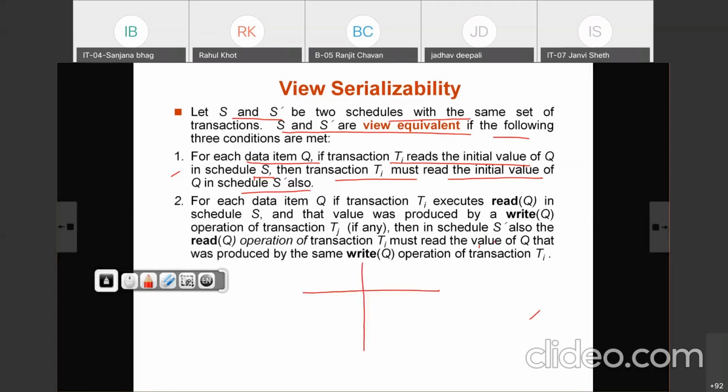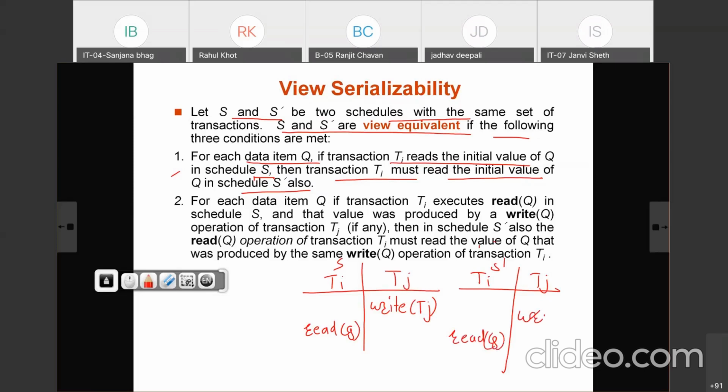Again I write here S and S dash, with Ti and Tj. What is given here? If the transaction Ti reads the value of Q which is written by transaction Tj in S, then in S dash also Ti reads the value of Q which is written by transaction Tj. So that is simple. Next.